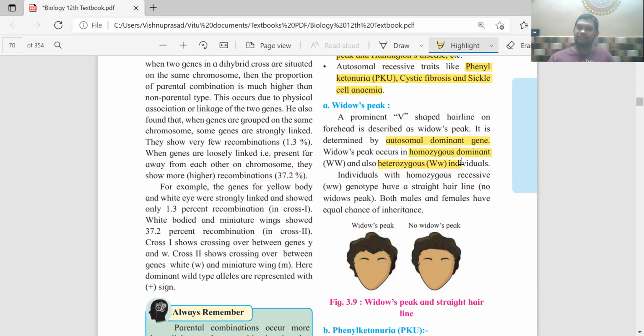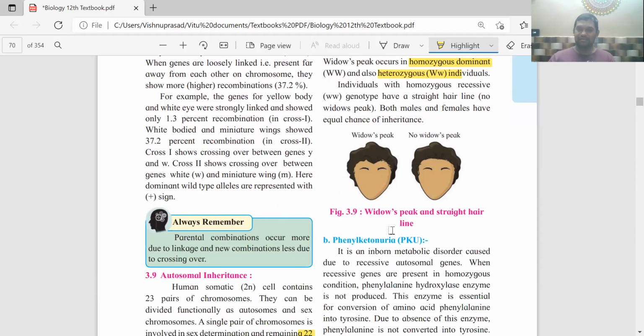It is represented by the letter W. People who have the recessive condition, small w, do not show this phenotype called widow's peak, just a small projection on the hairline on the forehead. That is why it is not restricted to any particular sex; it occurs in both males and females. Do you understand this? Widow's peak.